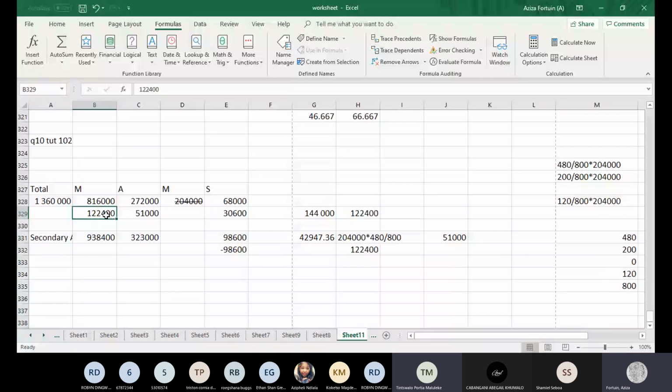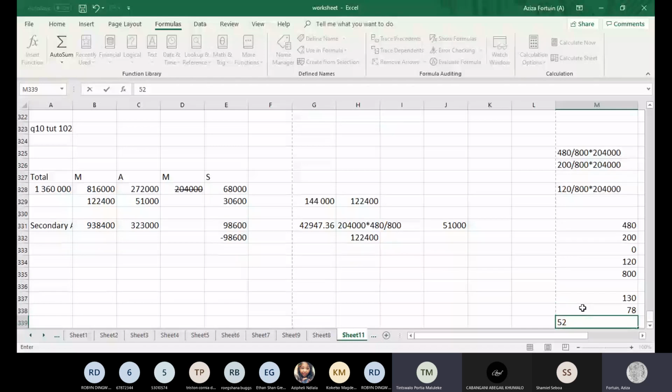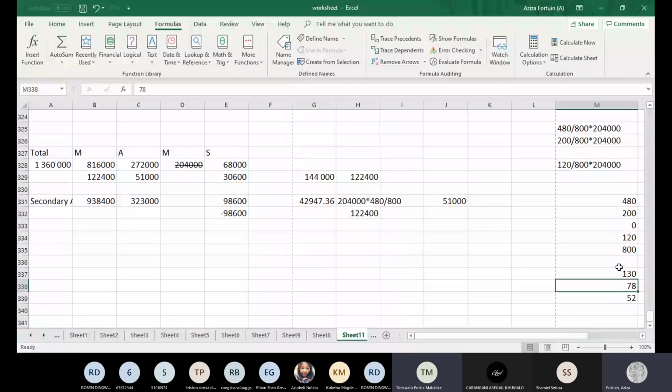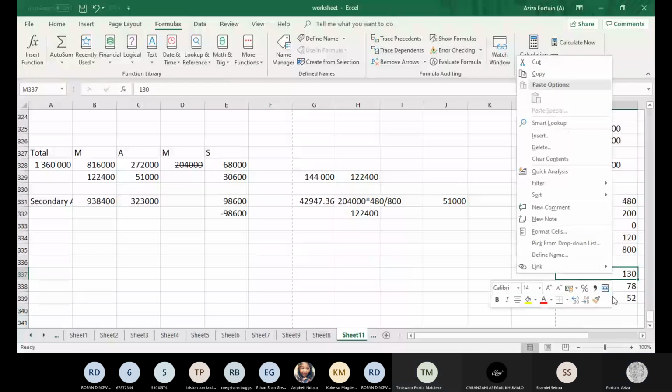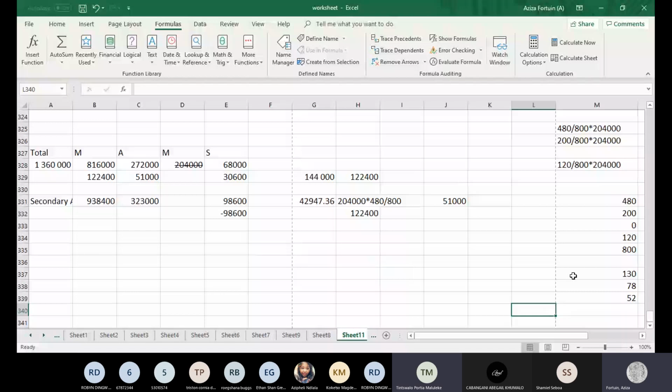The next one was the requisition of direct materials. So it was 130 plus 52 equals 180. Wait quickly, what is going on here now? Okay, so that is 260.